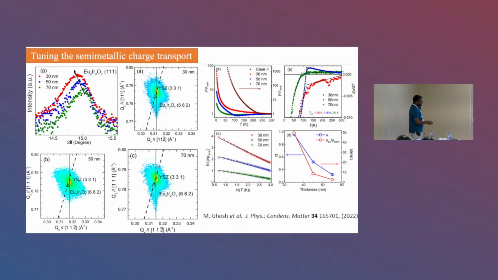If we plot the coefficient alpha versus thickness, we can see it is decreasing as we increase the thickness. That means the resistance is decreasing as we increase the thickness. So this is also playing a role similar to chemical pressure in the sample. Basically, we can tune the metallic behavior in the sample by changing its thickness.